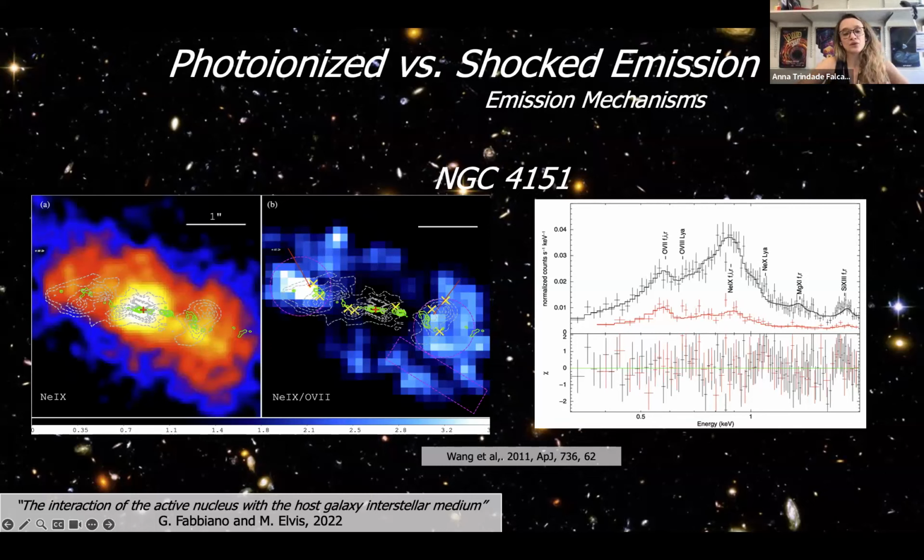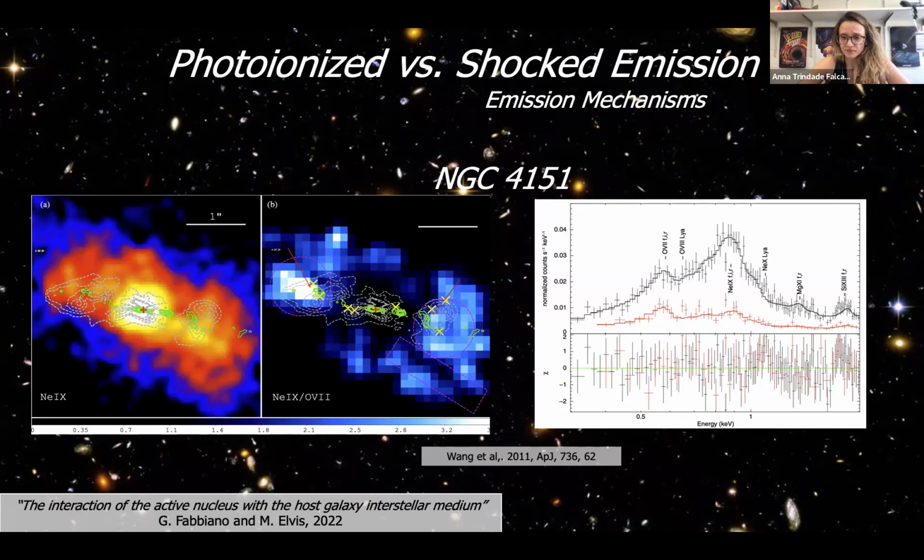So then, if you try to fit this entire emission with just a single component, if you try to model this entire structure here as a single component, you lose lots of information. So that's one of the topics that Access is going to contribute the most, is to disentangle these emission lines and to break this degeneracy between these emission mechanisms.